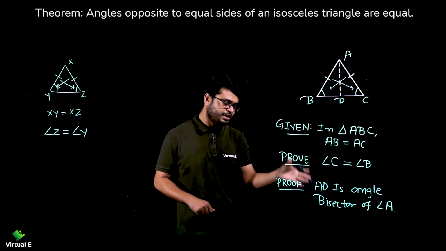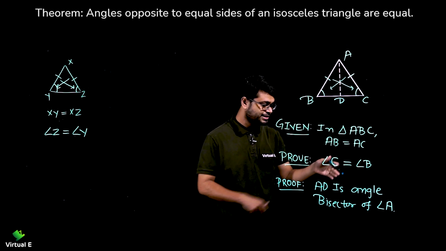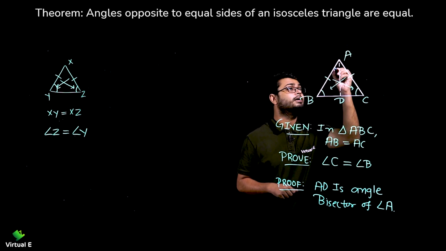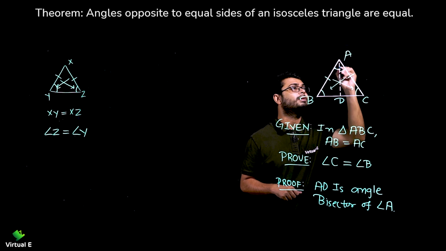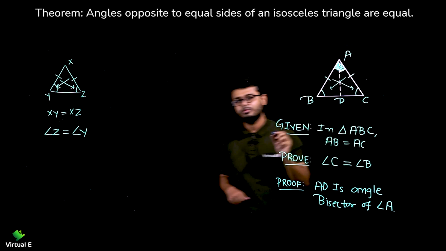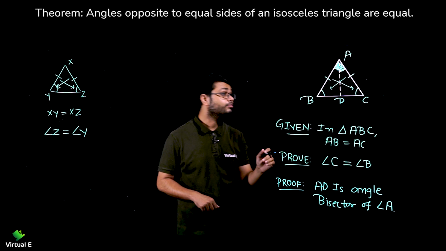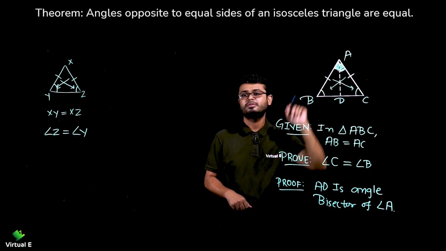Bisector means what? Divide into two equal parts. Now it is an angle bisector, so it is dividing angle A into two equal parts. So this angle and this angle will be equal. This is what it means, right? Angle bisector.